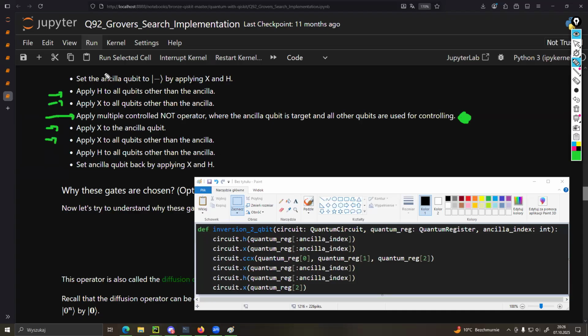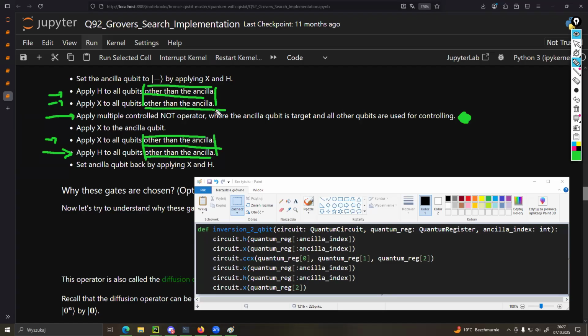After we do this, we also apply the ancilla. So here we reverse the operations on our actual solution space, so other than the ancilla, which encodes our solution space.